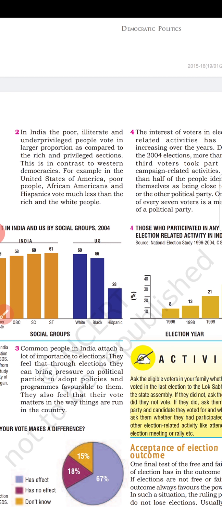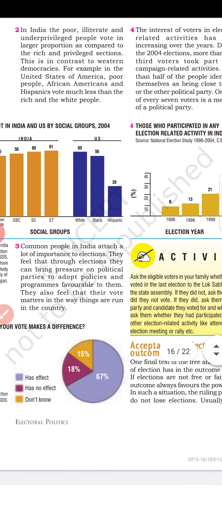So the people are attracted with that, and that makes the people participate actively in electoral process. So these are the reasons for active participation of poor people in India.